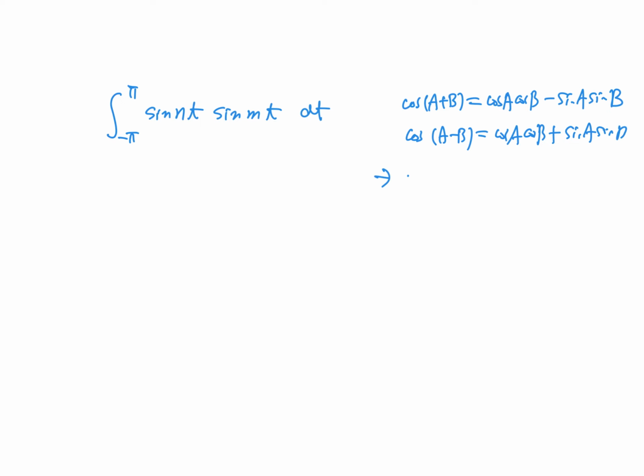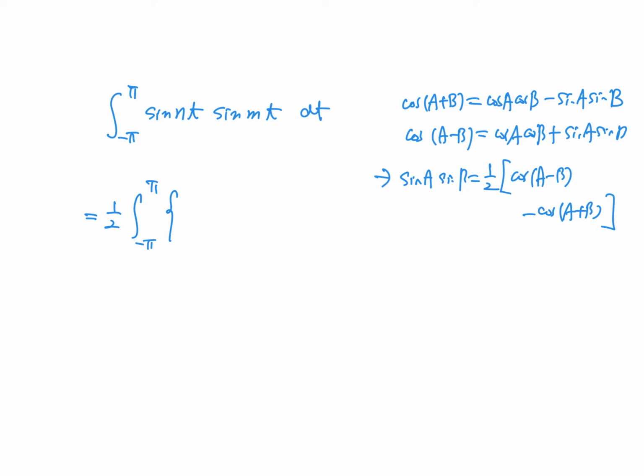So that means sine a sine b is 1/2 cosine a minus b minus cosine a plus b, right? So we have 1/2 cosine (n minus m)t minus cosine (n plus m)t.